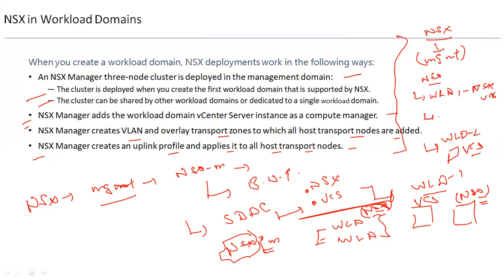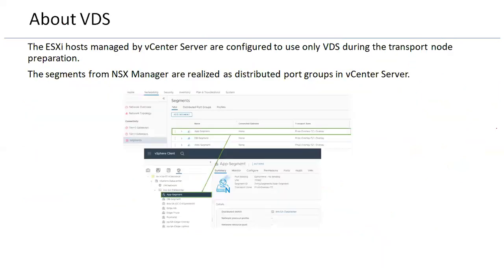If you are creating another workload domain, either you can share the existing NSX, or you have to keep it separate for each workload domain. From the security perspective, if you want to keep a separate construct, that's also a possible architecture. It's all a matter of how you want to go.